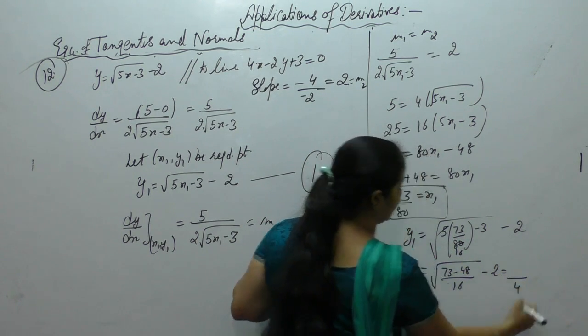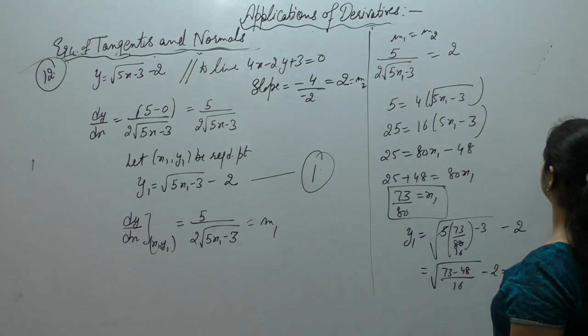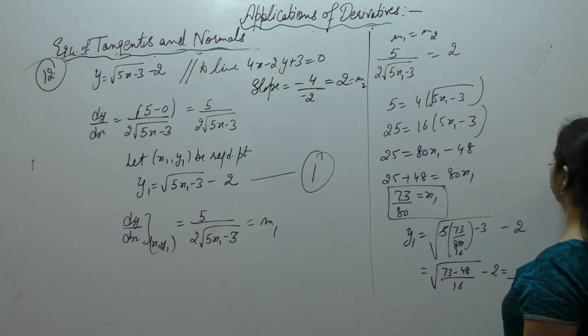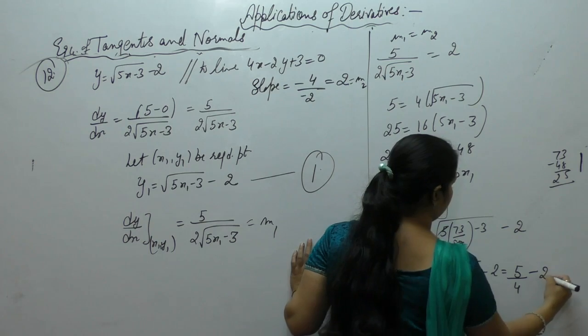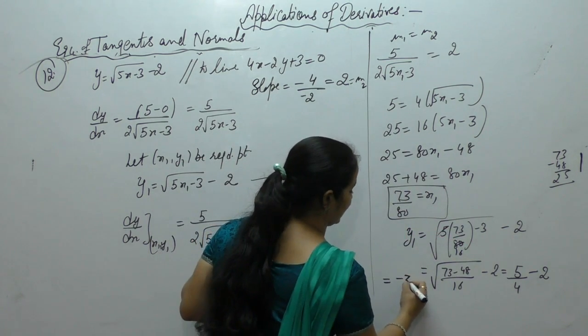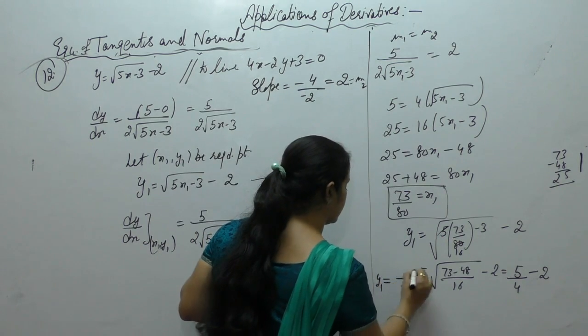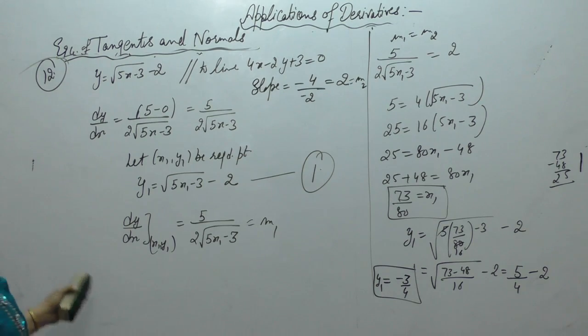Square root of 16 is 4, square root of 25 is 5. So we get y1 as 5/4.